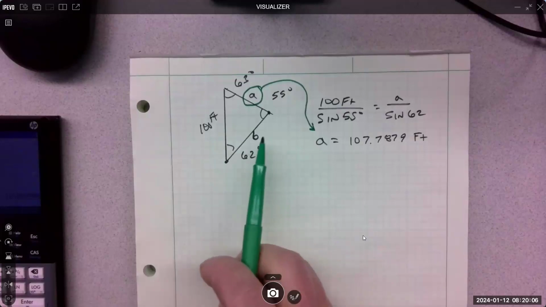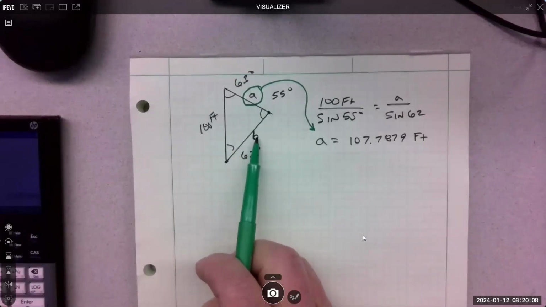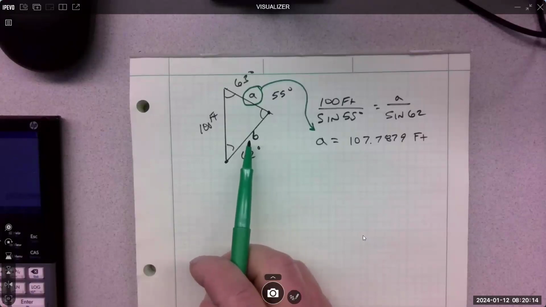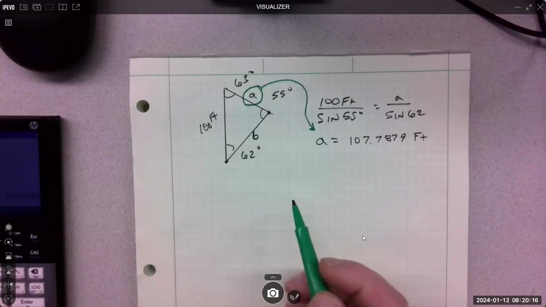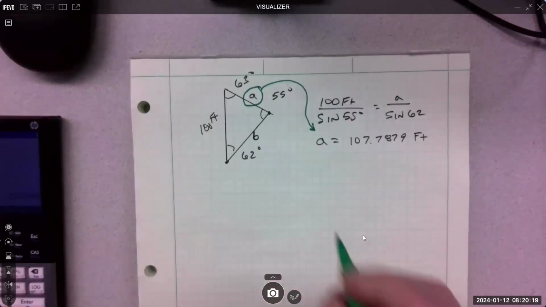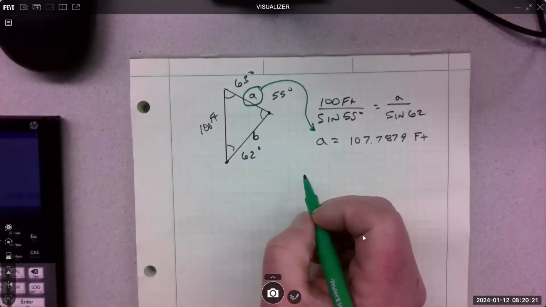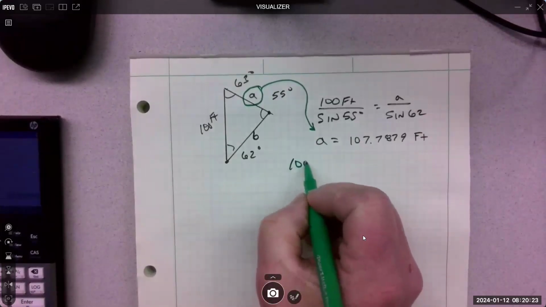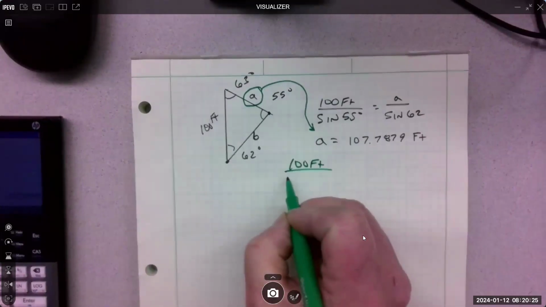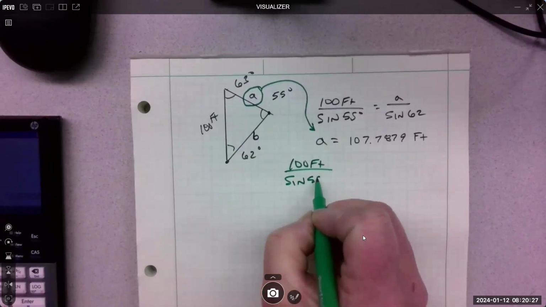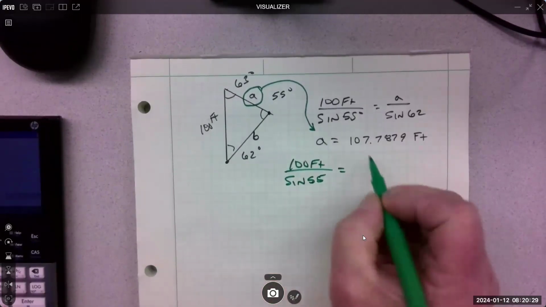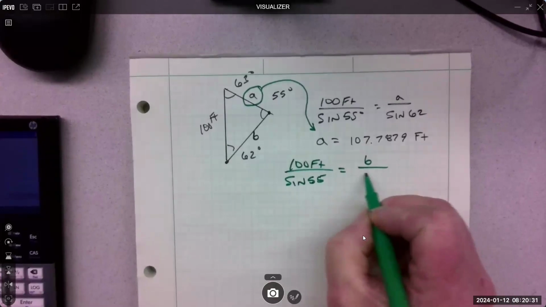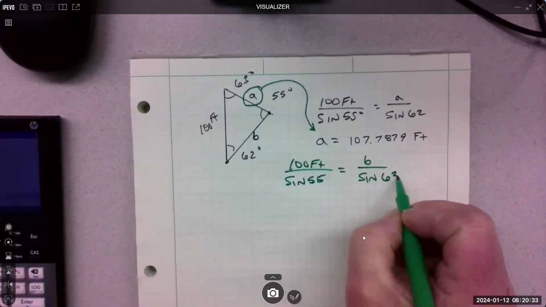And then how are we gonna go after B? Same thing, might as well just keep running the sine law. It's easier than the cosine law for sure. So we'll go 100 feet, again, why not, over the sine of 55, and B over the sine of 63.